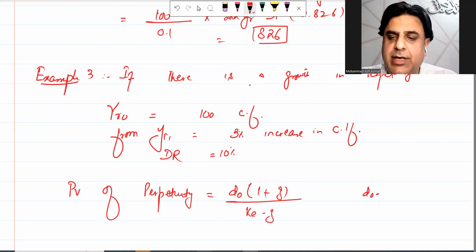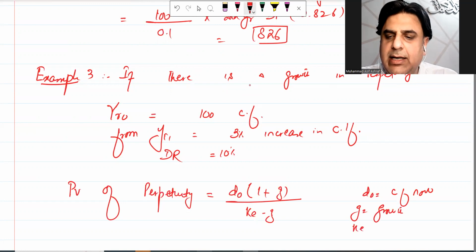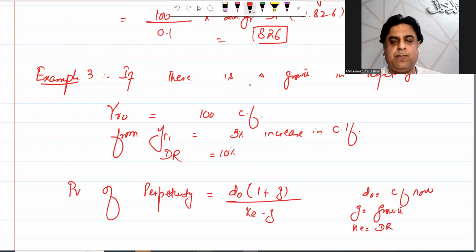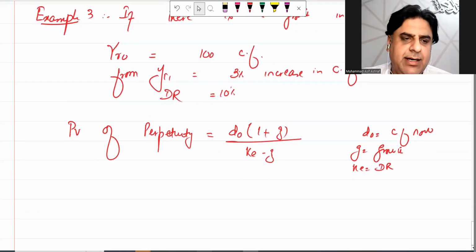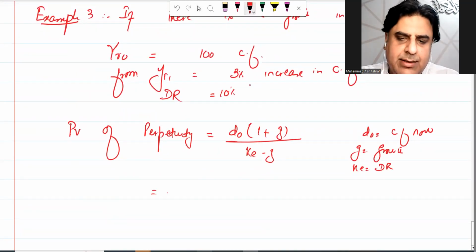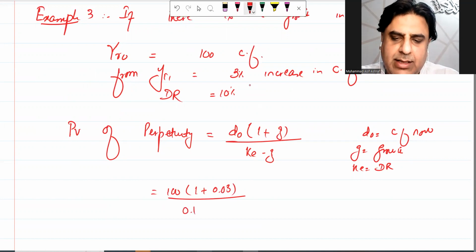I am assuming D0 is the cash flow now, g is the growth and Ke is the discount rate. So current cash flow is 100, growth rate is 0.03, divided by discount rate 0.1 minus 0.03. This is your answer.